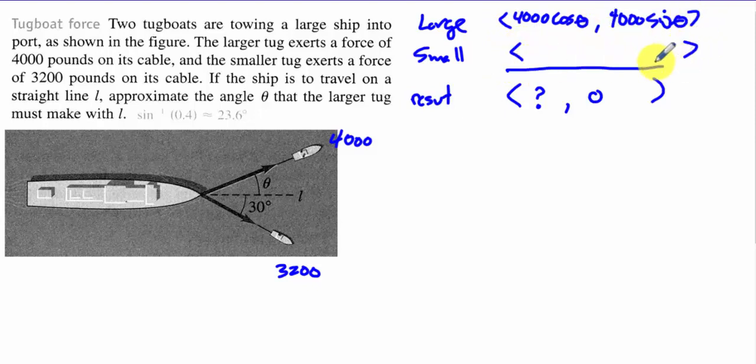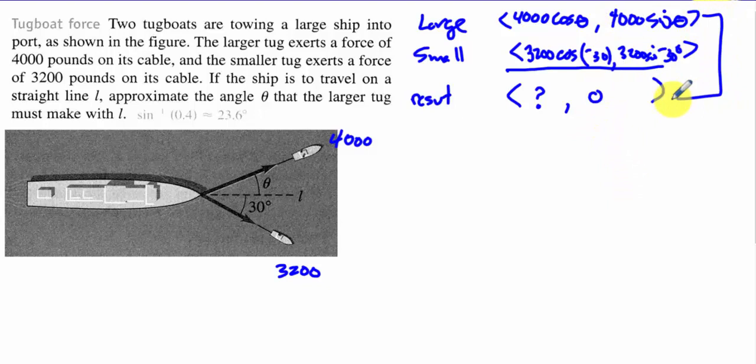We know our smaller boat is pulling at 3,200, and we know our angle, it's 30 degrees, but notice what quadrant it's in. It's in the fourth quadrant, so I'm going to say the cosine of negative 30 degrees, and then 3200 sine negative 30 degrees. And that's going to equal 0.